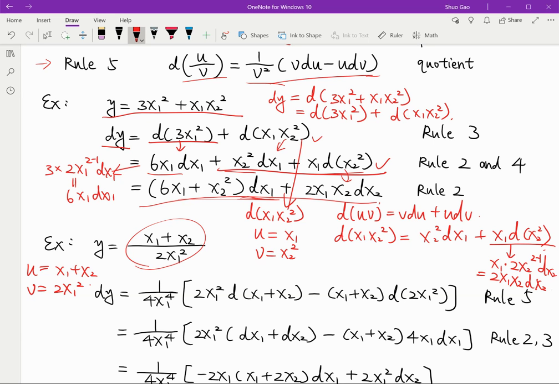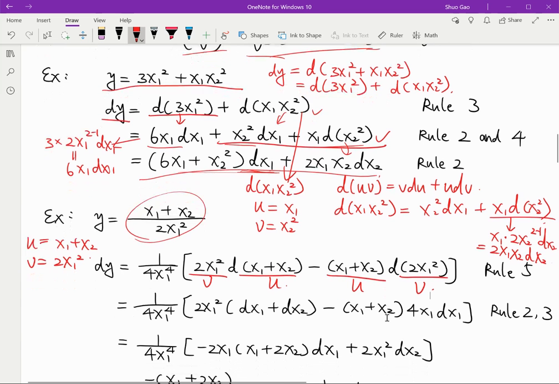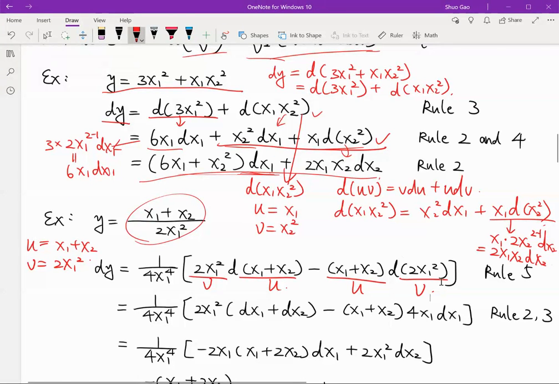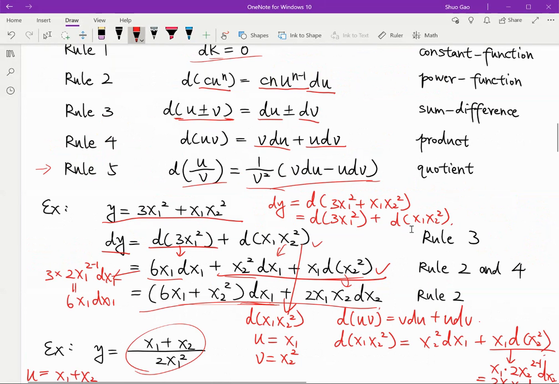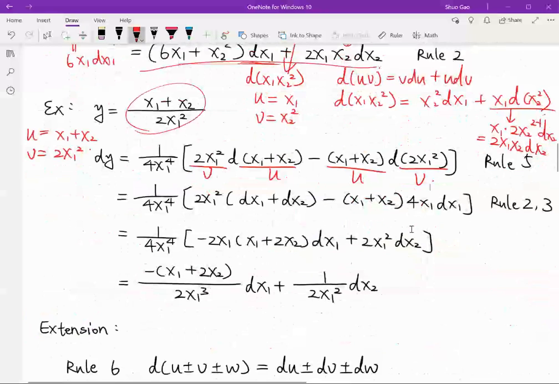And then times v du. So this is v, this is du, right? And then minus u dv. And then we can apply the power function rule and the sum difference rule.